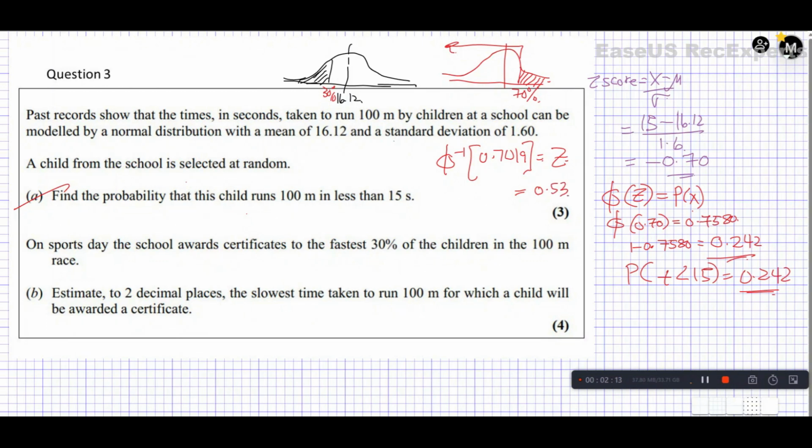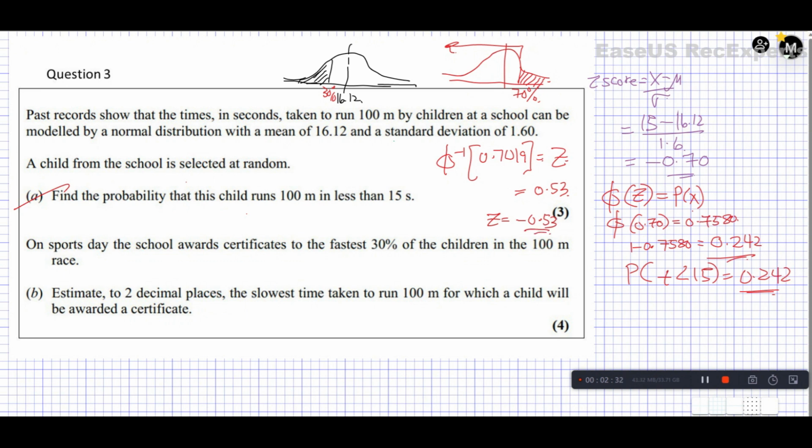And since it's on the left hand side that I want to find, 70%, I need to change it from positive to negative. So the z-score that I'm looking for 30% is negative 0.53. Okay, so I hope you get this.